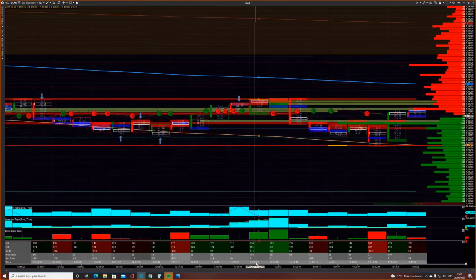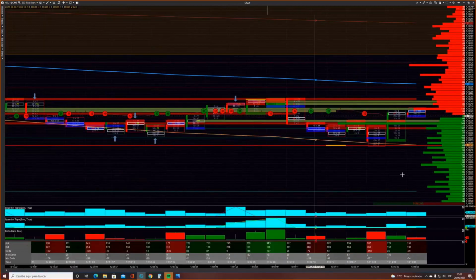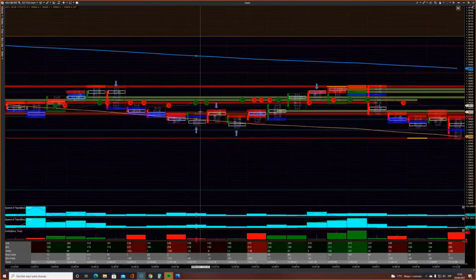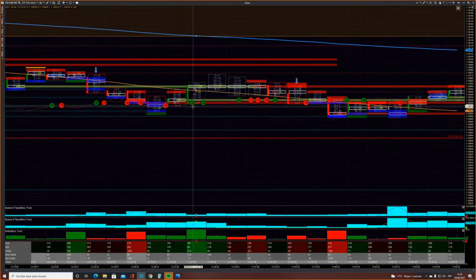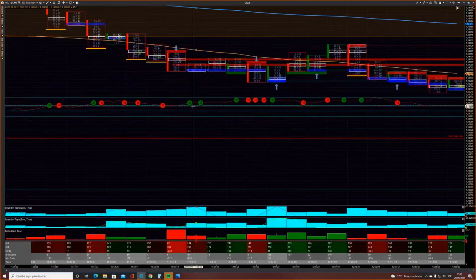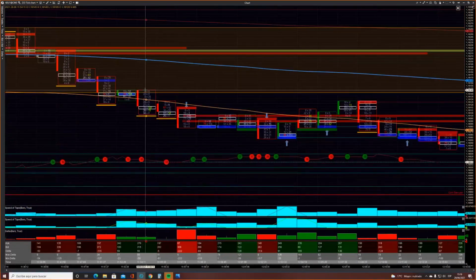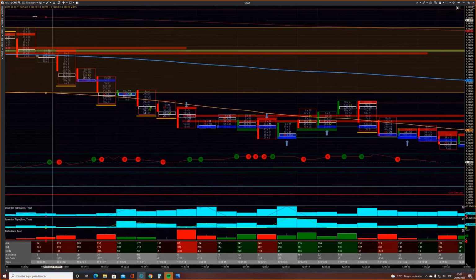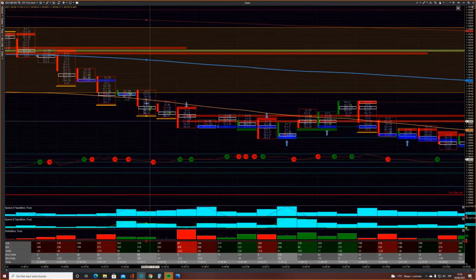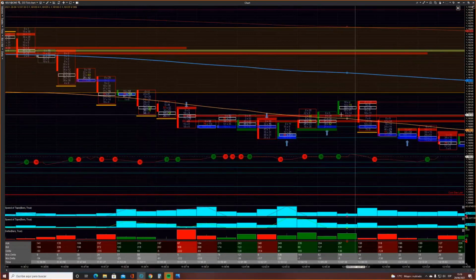Let me make this a little bit bigger. So we go to the time 11:54. It's right here. You can see the rotation area, and this is a breakout candle that initiated this down movement.